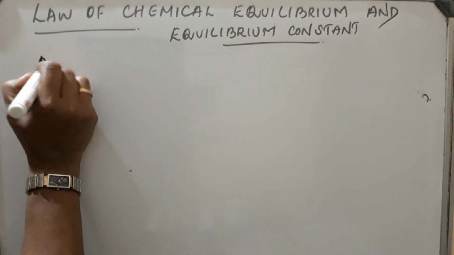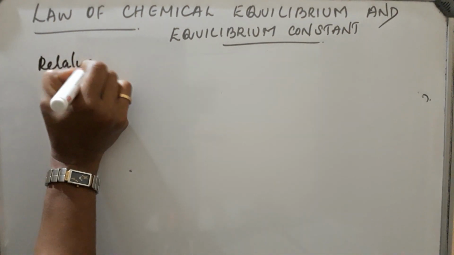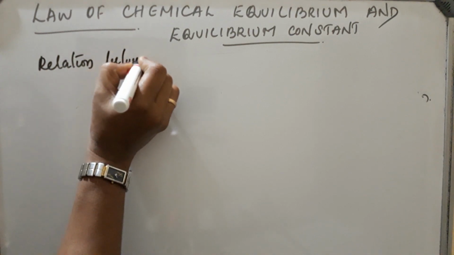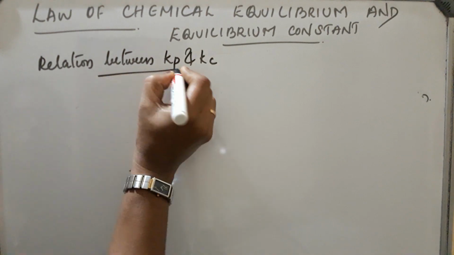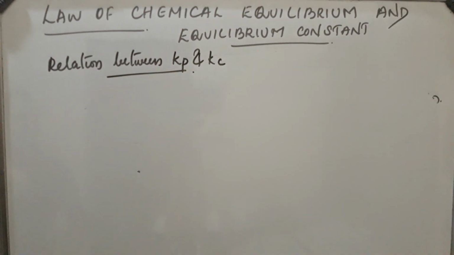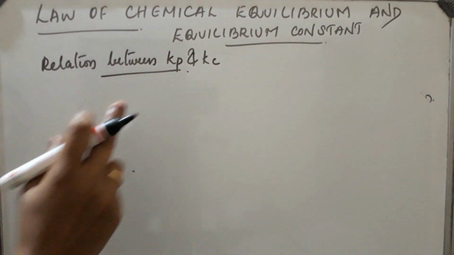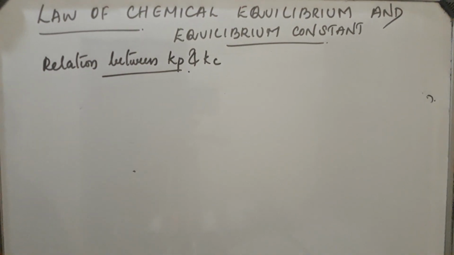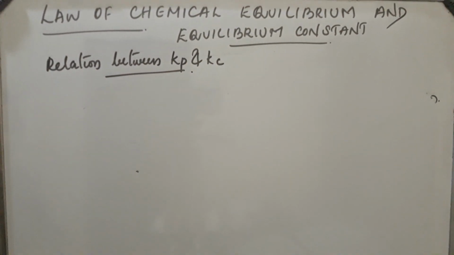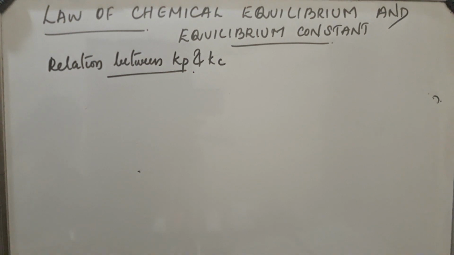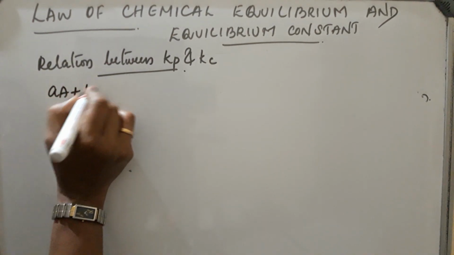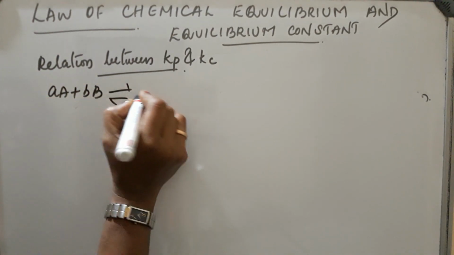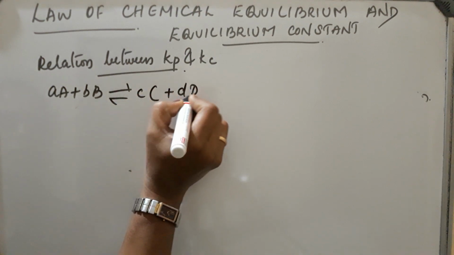Now, the relation between Kp and Kc. Kp is the equilibrium constant for gaseous reactions, and Kc is the equilibrium constant for the concentration terms. We know the equation is aA plus bB gives cC plus dD.